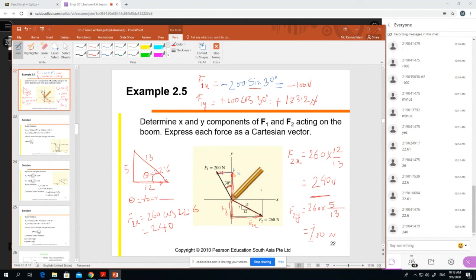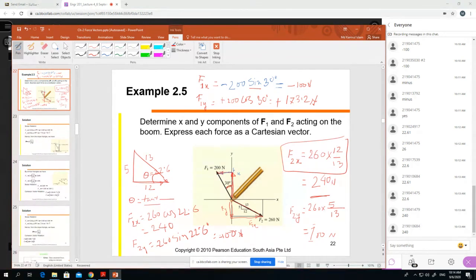240. So we can calculate directly by this, or you can find the angle and then calculate. F2y equals 260 sine 22.6 degree, and it is minus 100. Okay, minus 100. Any questions so far?